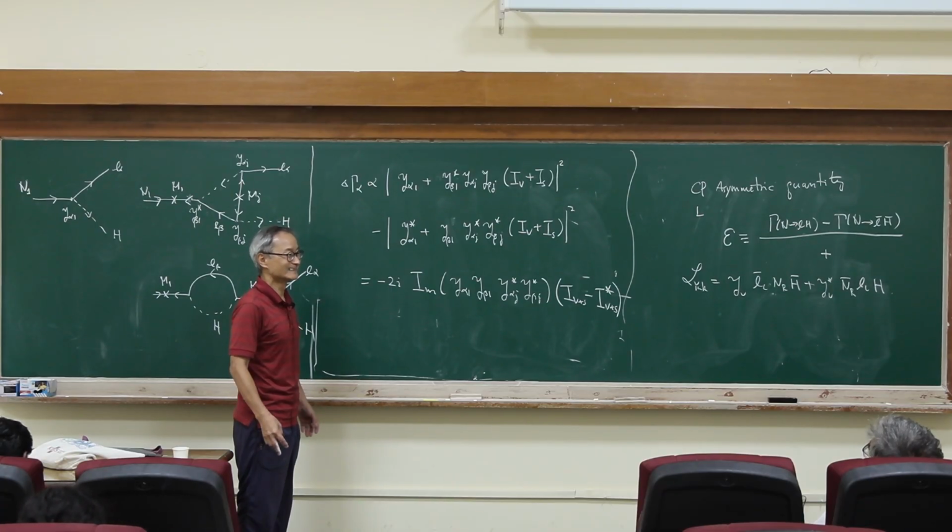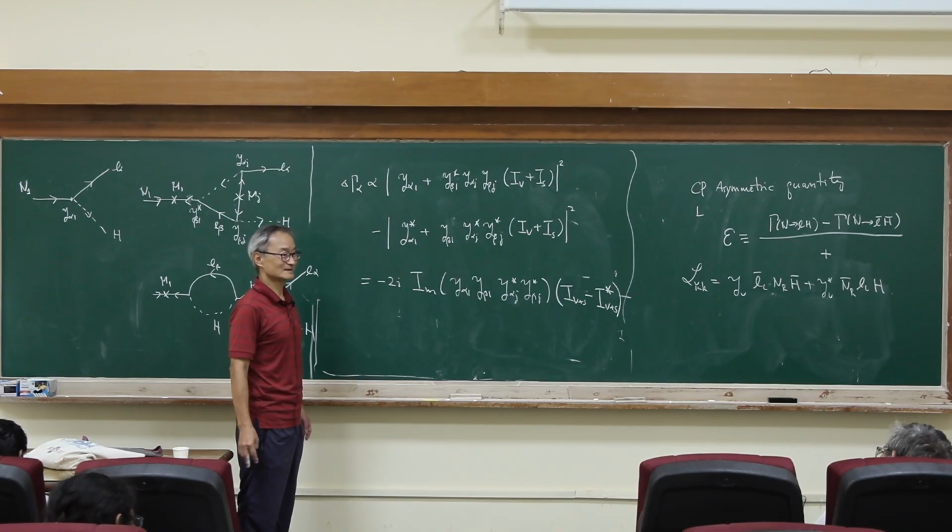So running effects must be small enough, I guess, or not. It depends on the texture, on what you choose. For instance, in the degenerate case, running effects can be large.